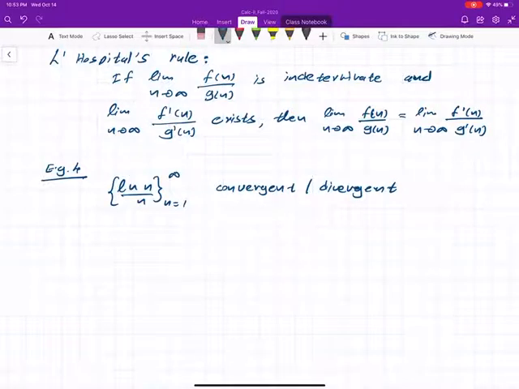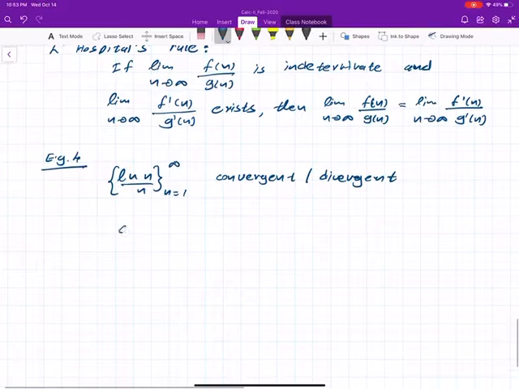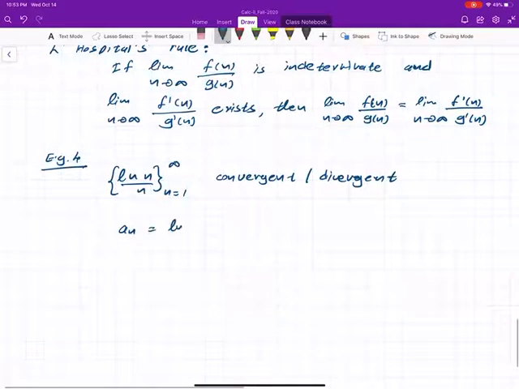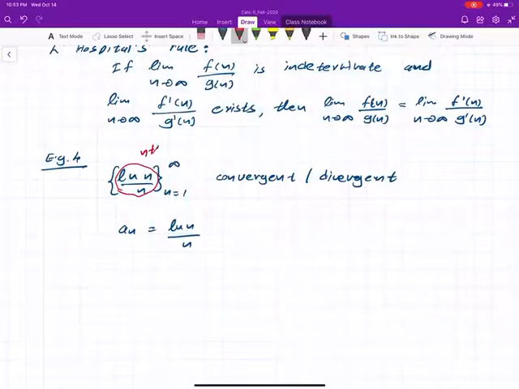Now you have to use L'Hopital's Rule. First of all, let's take the nth term. The nth term is ln n over n. Whatever is given here is the nth term, which is a_n.